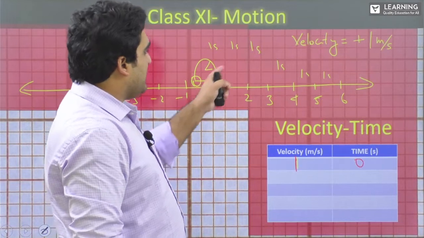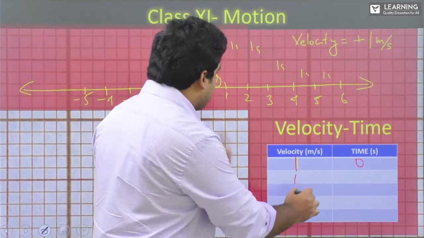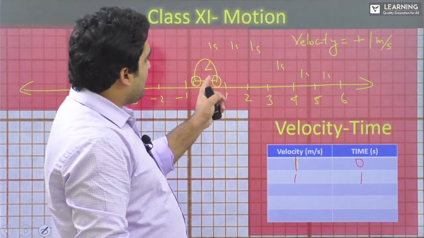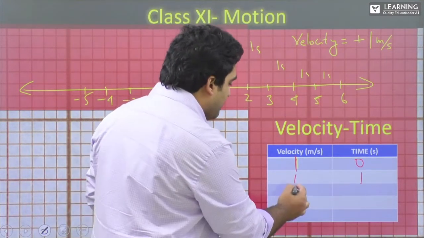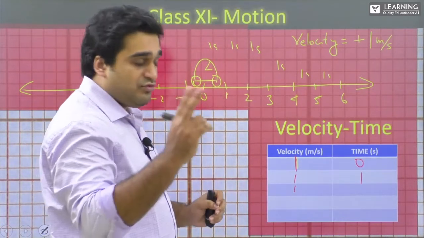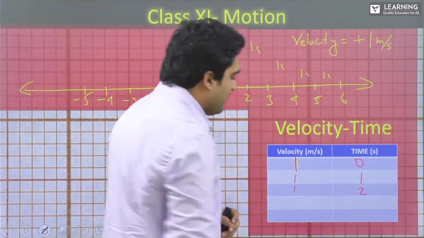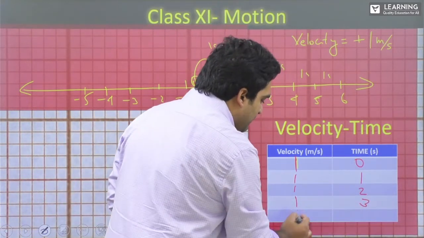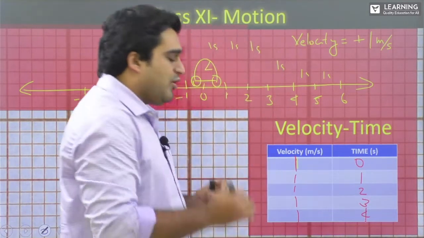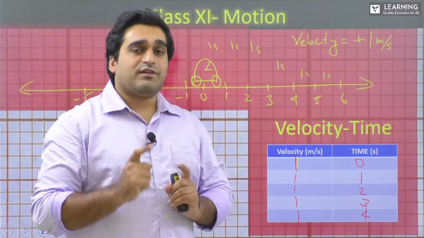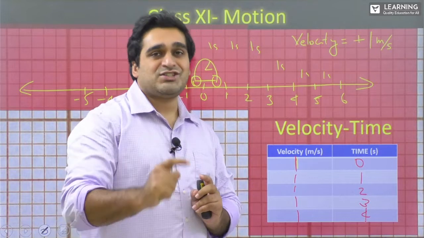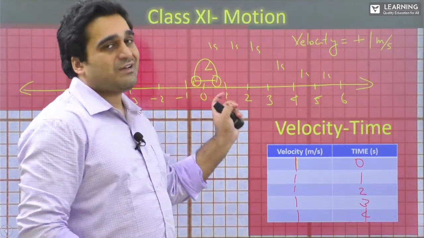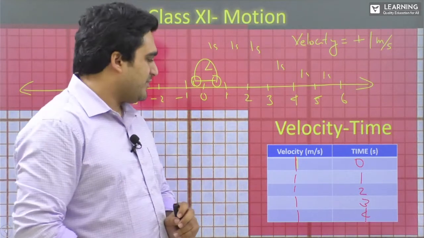Then velocity is still 1 meter per second as time progresses to 1 second. Velocity is still 1 meter per second as time progresses to 2 seconds. Velocity is still 1 meter per second when time is 3, and 1 meter per second when time is 4. You observe that the velocity here does not change. It's a constant velocity that the object is trying to accomplish.